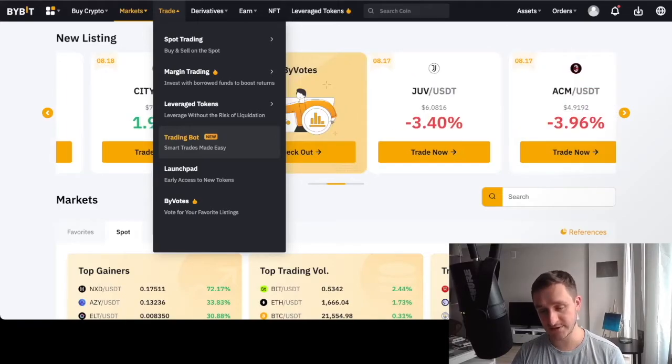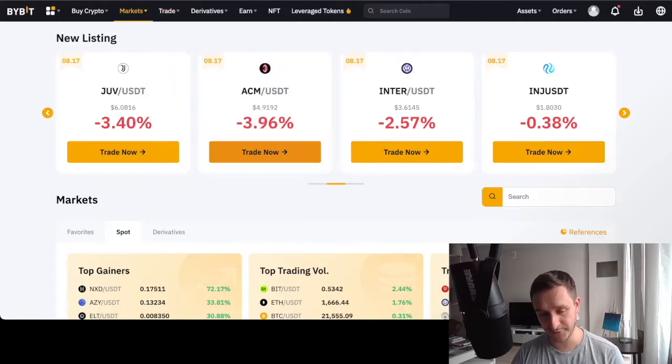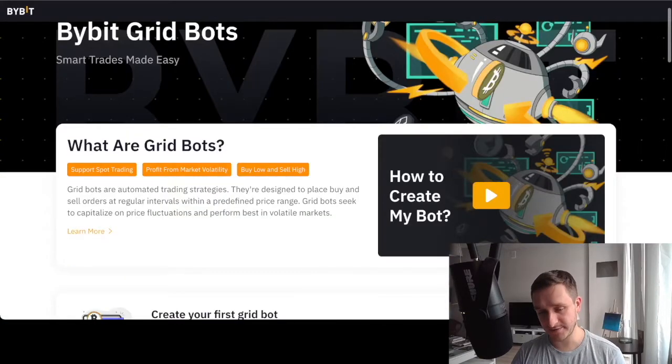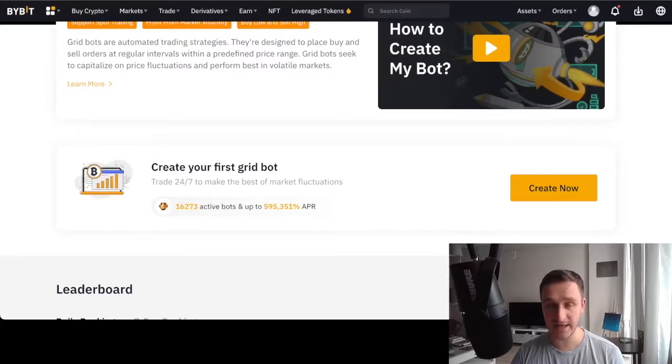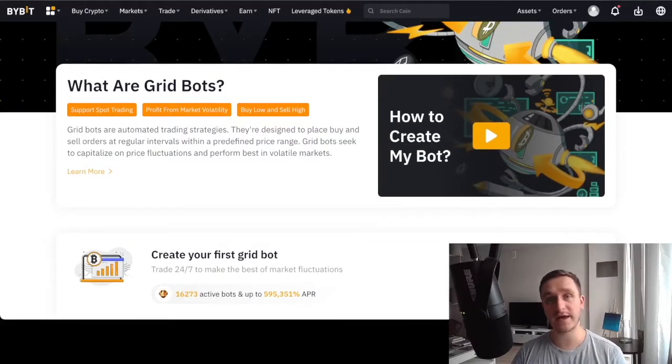You can try using trading bots. That's also something new. So grid bots, maybe just as a finish, I will talk about grid bots. Grid bots allow you to basically earn money by going through market fluctuations. So basically you have those lines where the bot will buy or sell a given token.